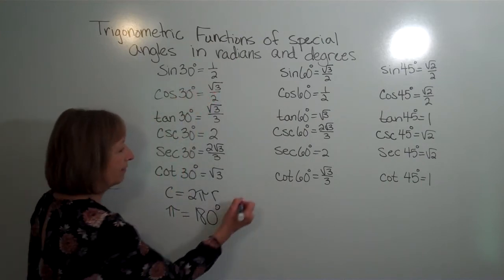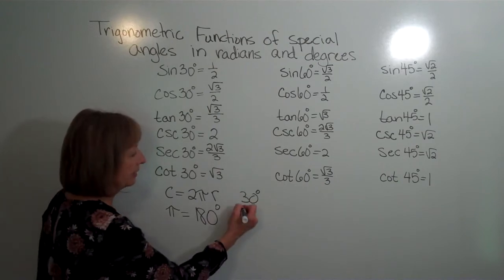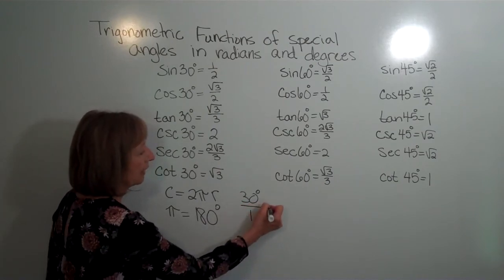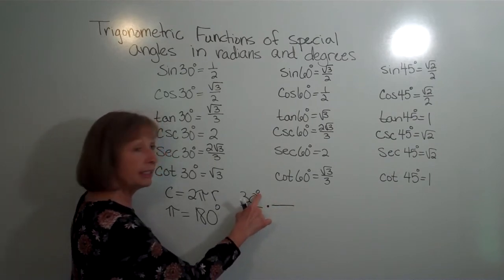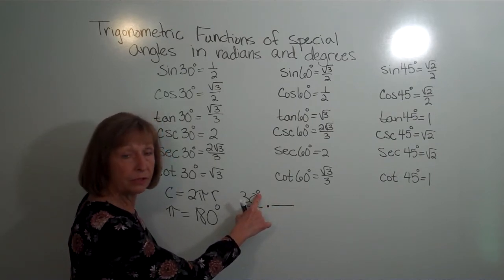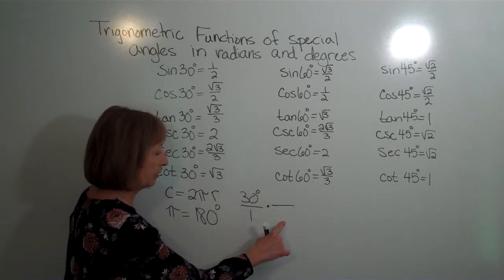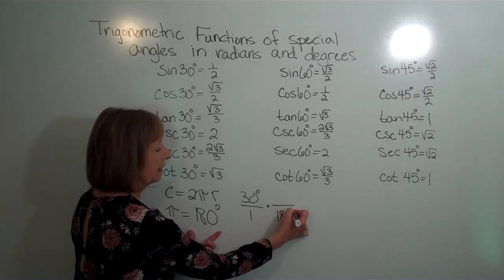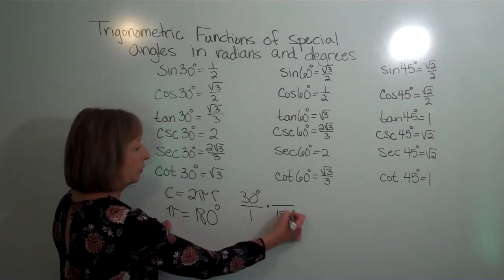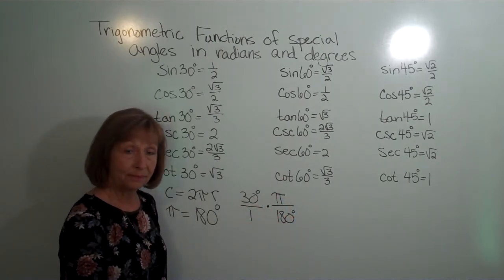If I have 30 degrees, and I want to change that to radians, remember we put that over 1, and we multiply by the conversion factor where it's in degrees now, and I want to go into radians. The degrees are in the numerator, so to get degrees to cancel, I have to put degrees in the denominator. So I'm going to have my 180 degrees in the denominator, and its equivalency in radians of pi in the numerator.